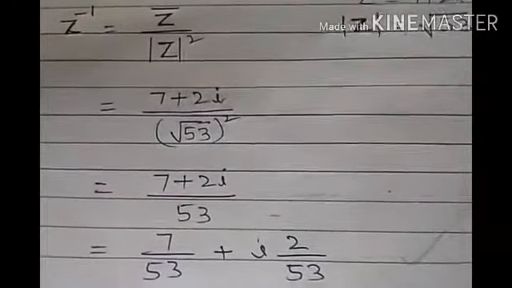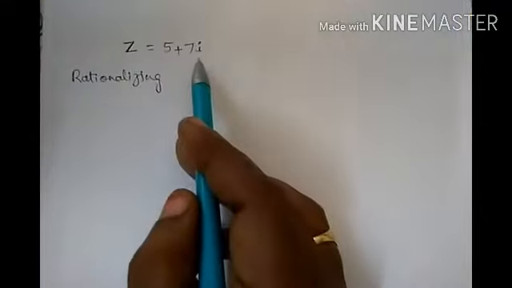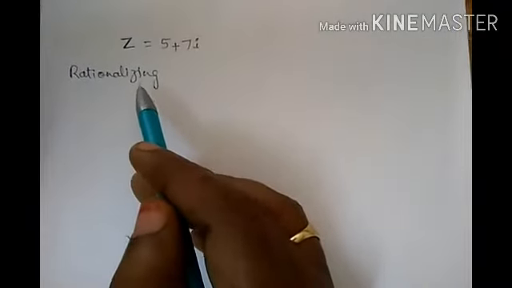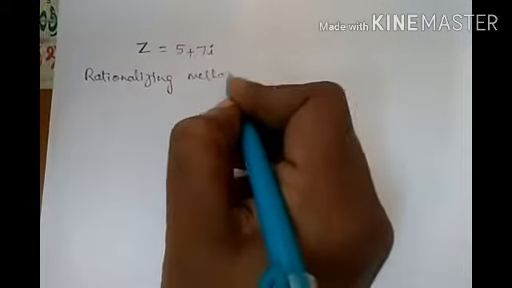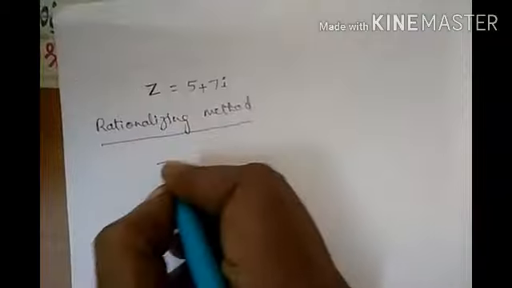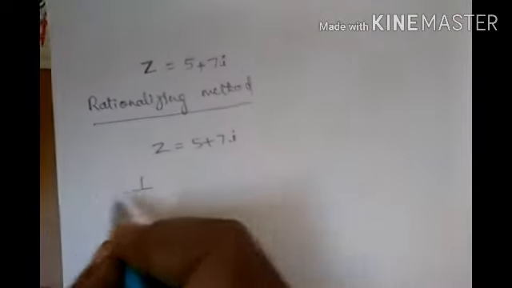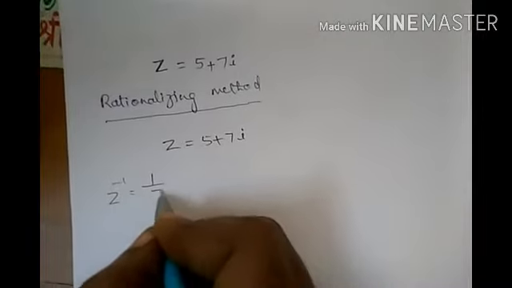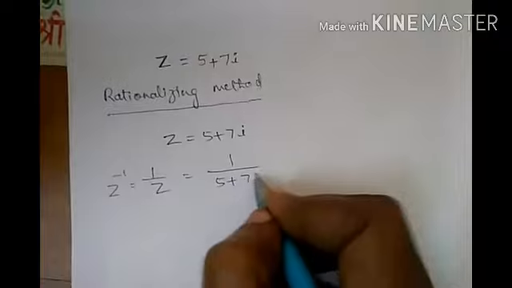Let us take another example. Z is equal to 5 plus 7i. By using the rationalizing method, Z inverse or 1 by Z is equal to 1 by 5 plus 7i.